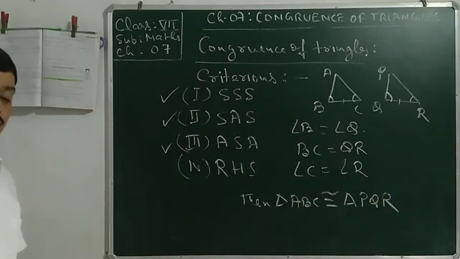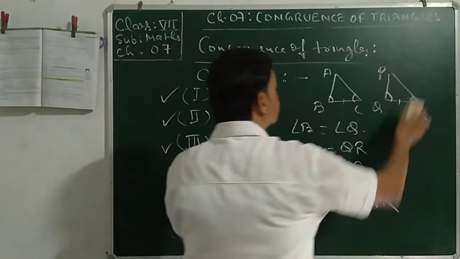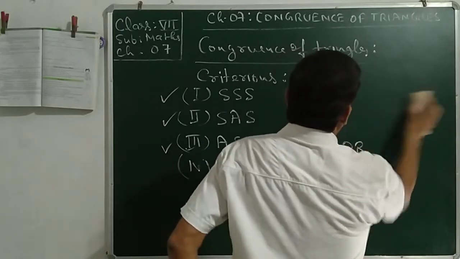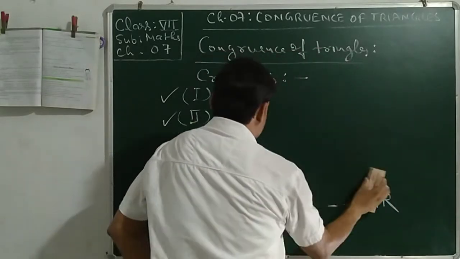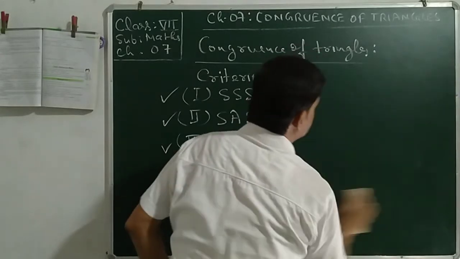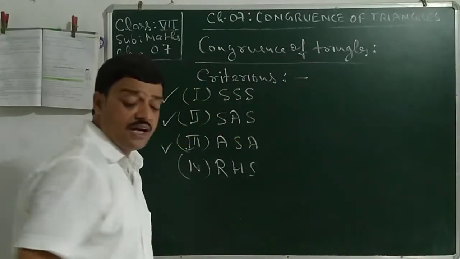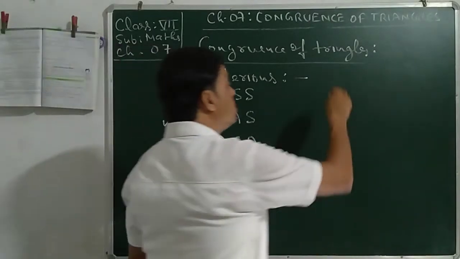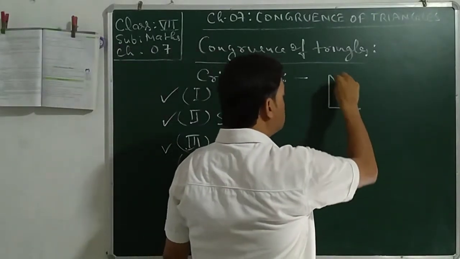Now come to the fourth condition. In the fourth condition, it's RHS. By the name it's clear, R means right angle, H stands for hypotenuse and S is for side. So of course we need to draw two right angles.